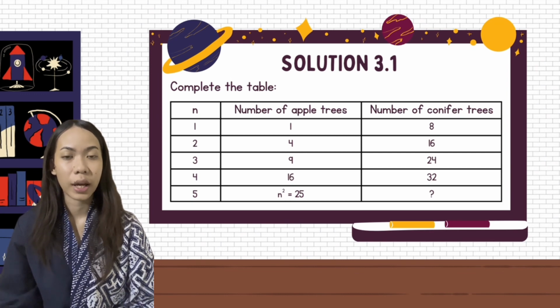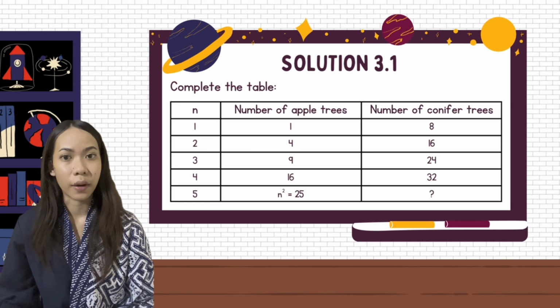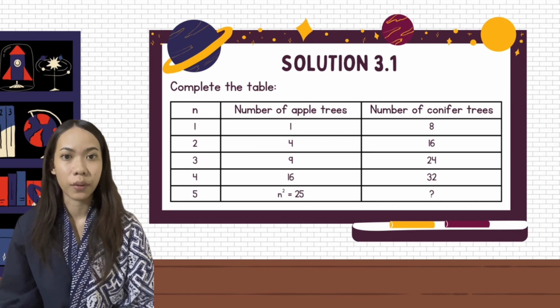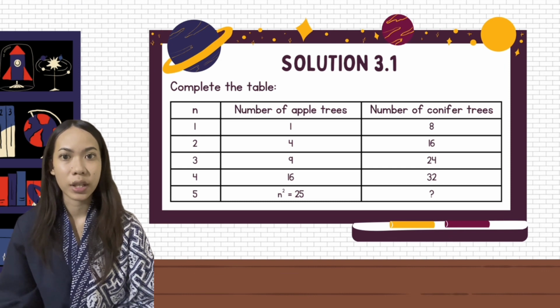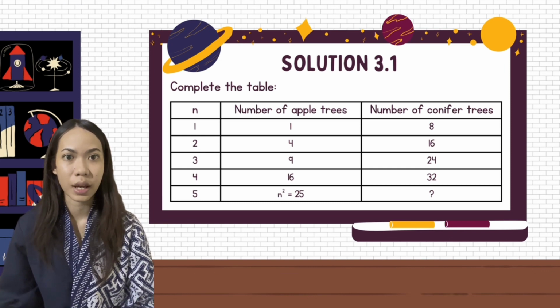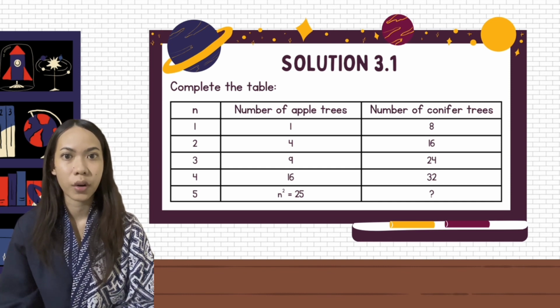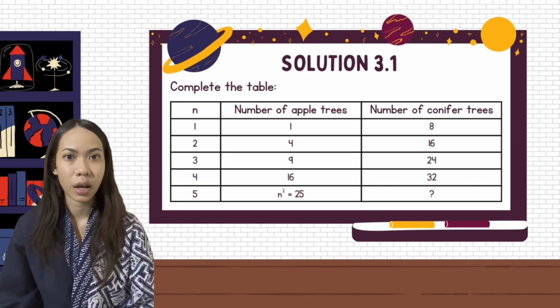For example, n equals 4. On the left side, there are 8 conifers, so 8 times 4 is equal to 32. And notice the number of trees on the left side is 2n, so we can substitute 8 with 2n, so 2n times 4 equals 8 times n. Now we can get the number of apple trees for n equal to 5 is 25, and the number of conifer trees is 8 times 5 equal to 40.